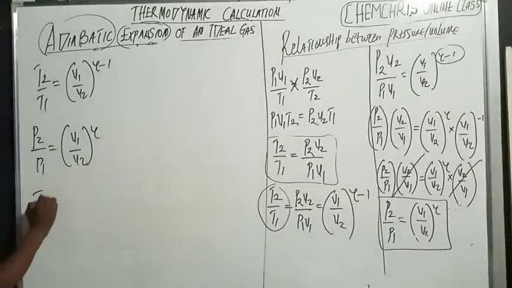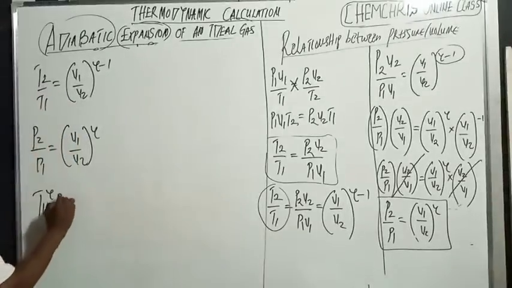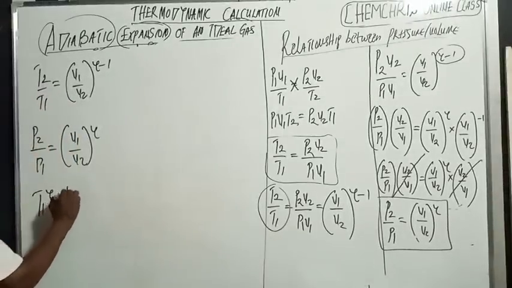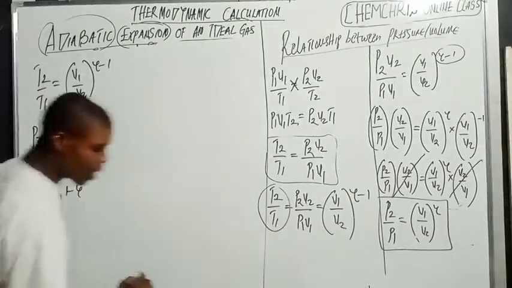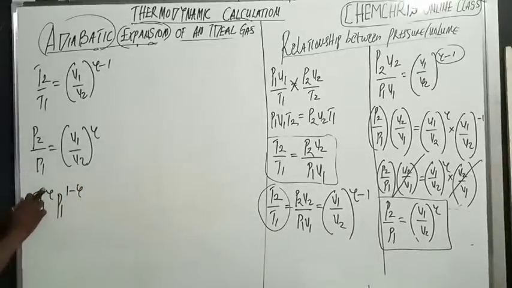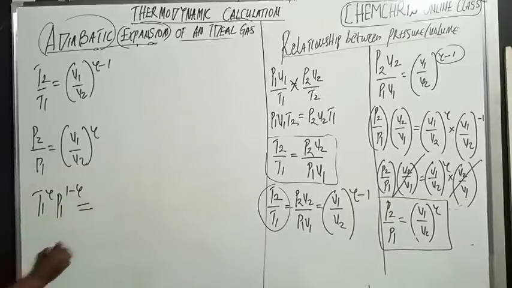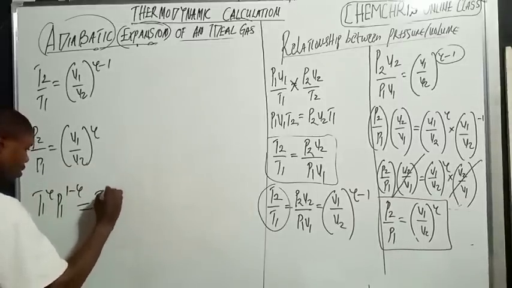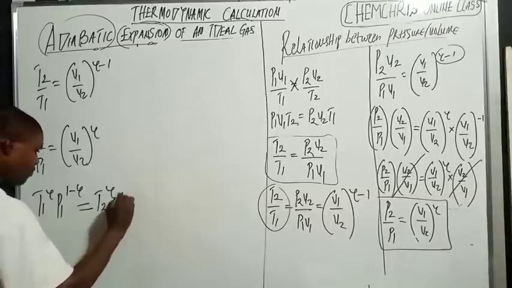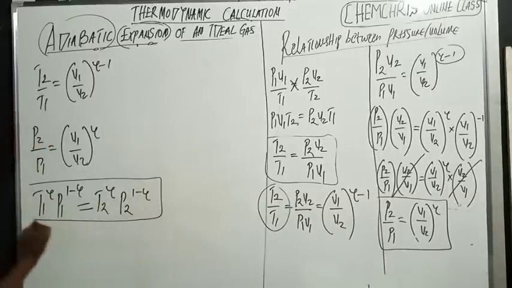Last one is T1 to the power lambda, then P1 to the power 1 minus lambda, right? So T1 gamma, P1 1 minus gamma equals to T2 gamma, then P2 1 minus gamma. So this is the formula here.